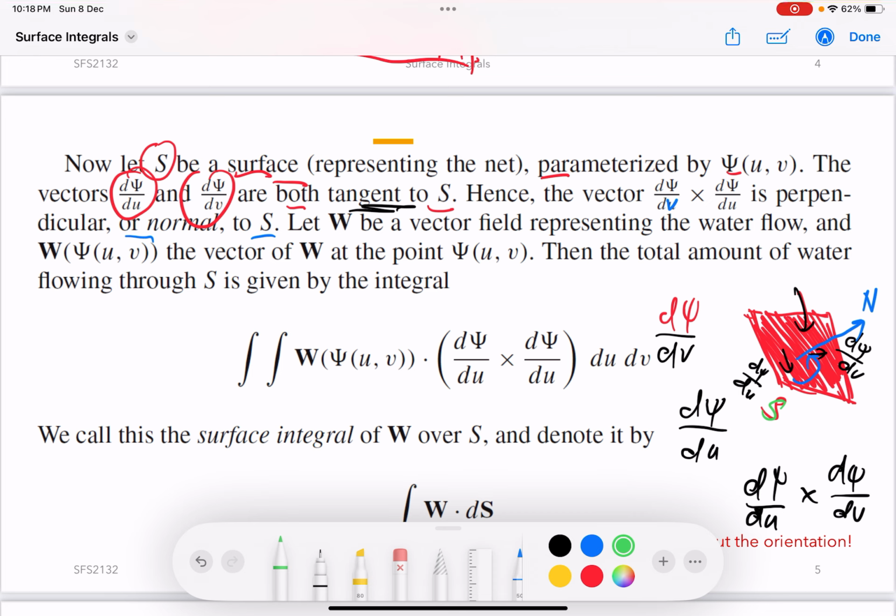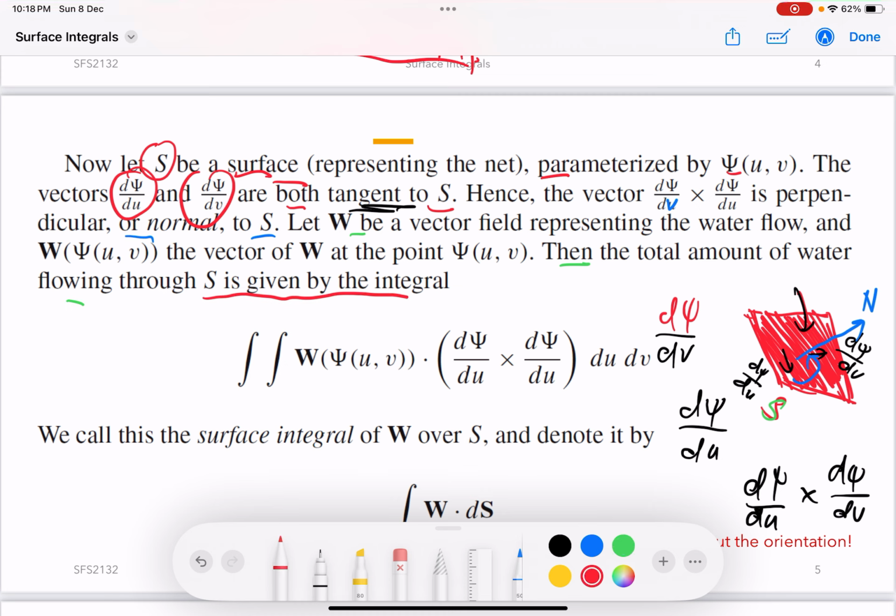So now let W be a vector field representing the water flow, and W of psi of U, V is the vector of W at any point. W is also on the surface. The total amount of water through S is given by this integral.